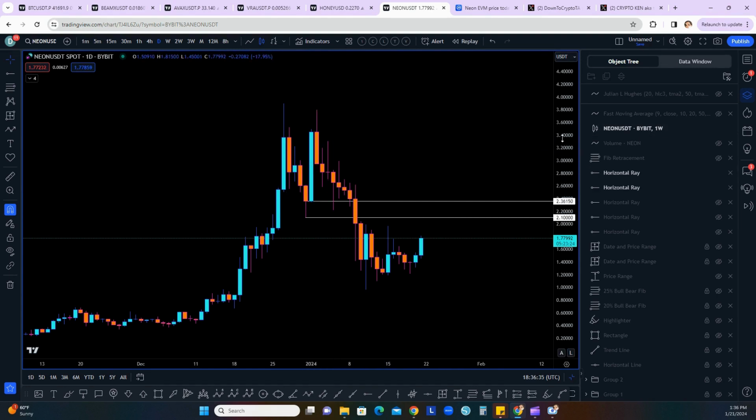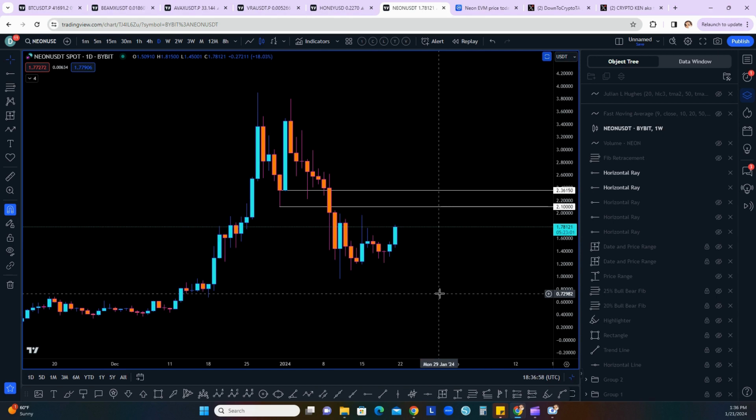That's $2.36. Now we don't know if it's going to reject just yet. We have to get there, the same way we have to see if we're going to get some sort of a topping tail or something like that right here. So if we come up and price doesn't manage to move any higher, it is just a retest of the neckline of the information, and price would continue to the downside.